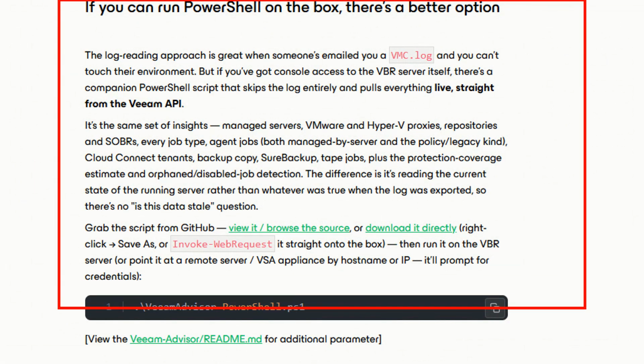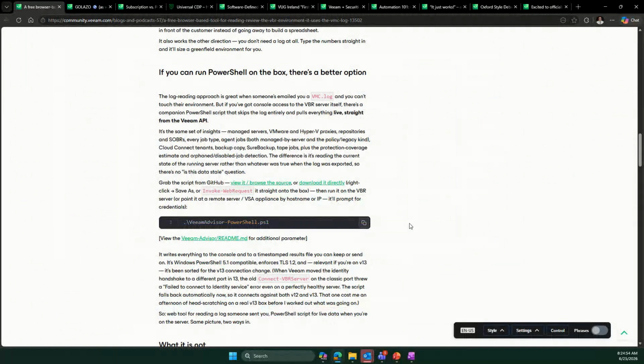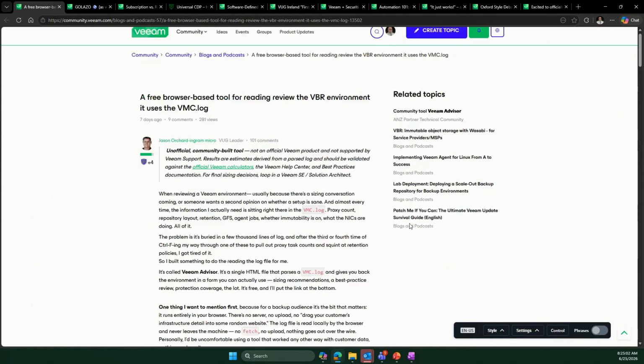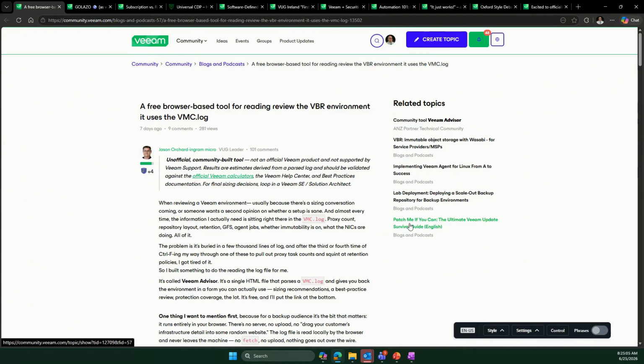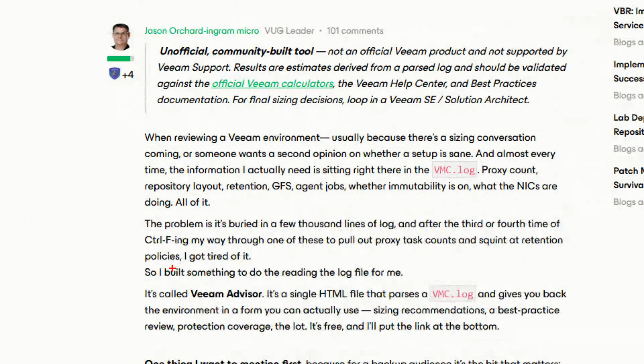So you can take it really outside of the environment and just pick up and get information from that file. So I really like all of this as a great supplement to the calculators, in the theme of having a second opinion.